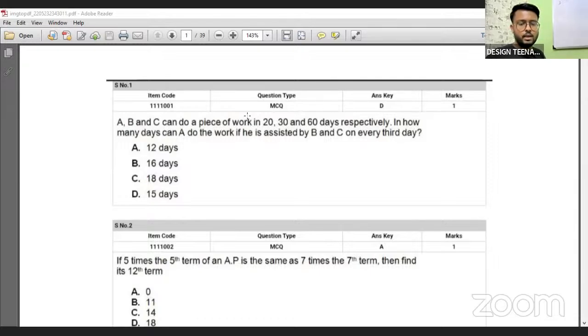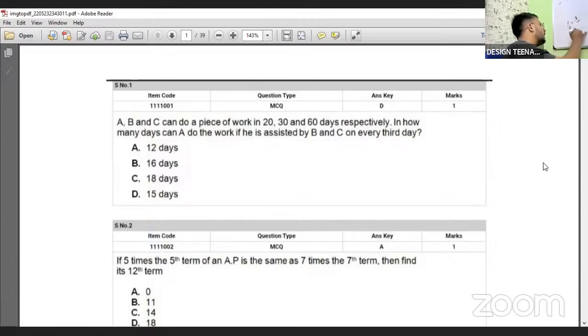Okay, fine, no issue. Let's see if we can come up with this question and try to solve it. The amount of work done by B and C on one single day, if they work together, will be X by 30 plus X by 60.